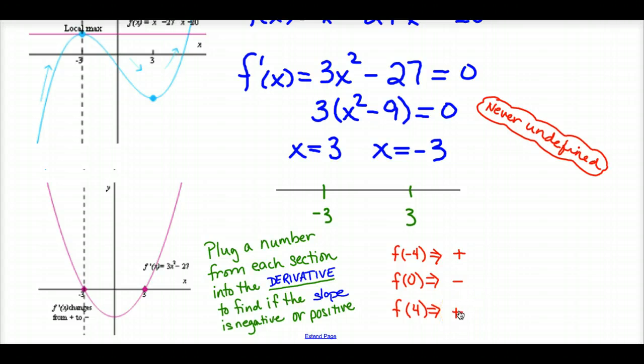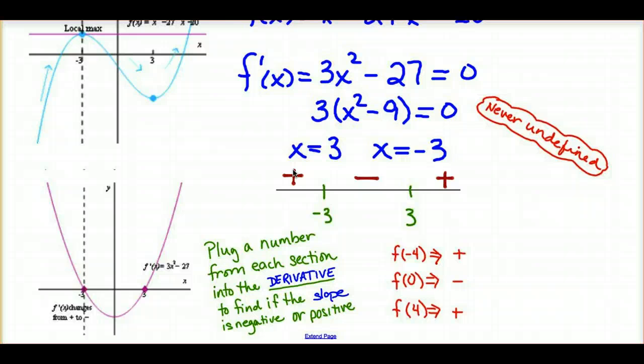So basically what we have is, let me get my screen going here. Over here, this will be positive, this part is negative, and this part is positive.